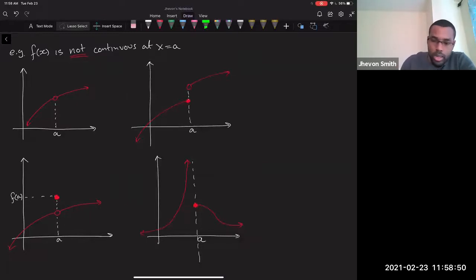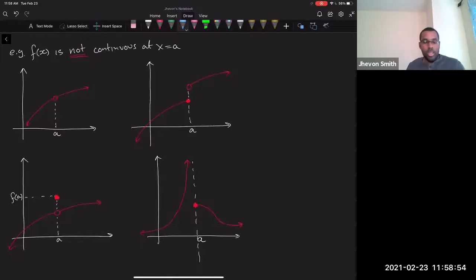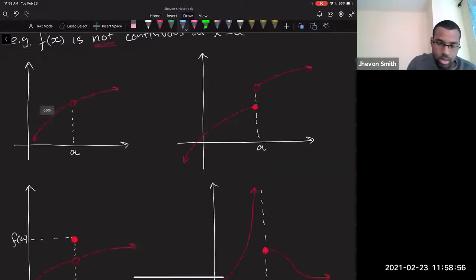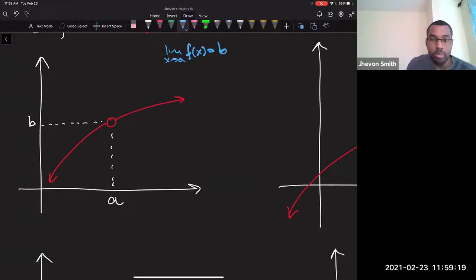Okay. Now here's what I want you to notice happened in all of these, right? So let's say I come in over here and I look at this point right here, right? So let's see, this is some other number b, right? Notice, I want you to notice here that the limit as x approaches a of our f of x is actually equal to b, right?